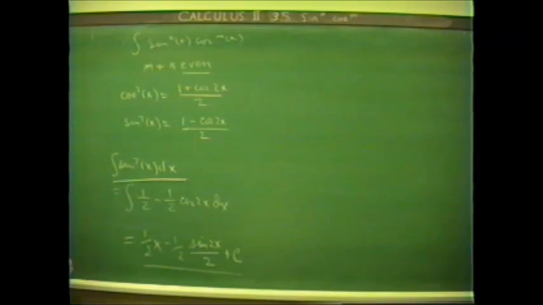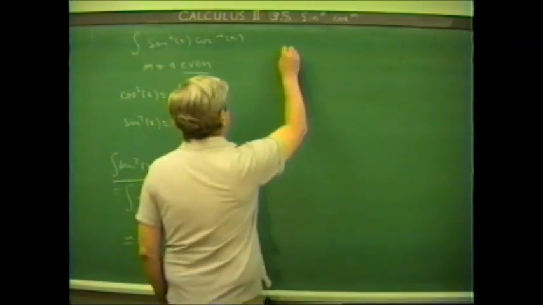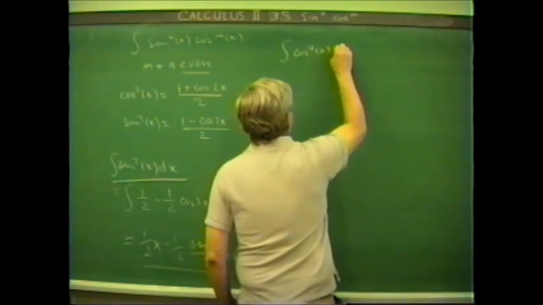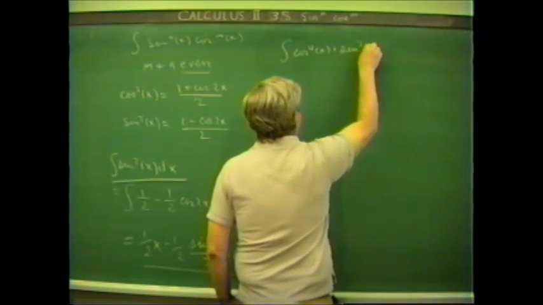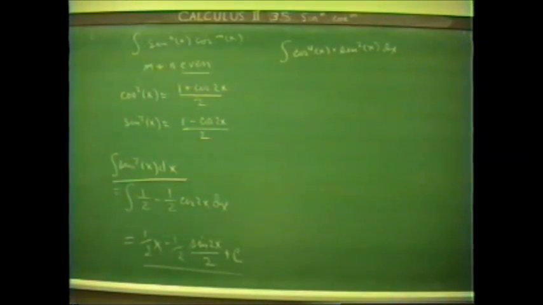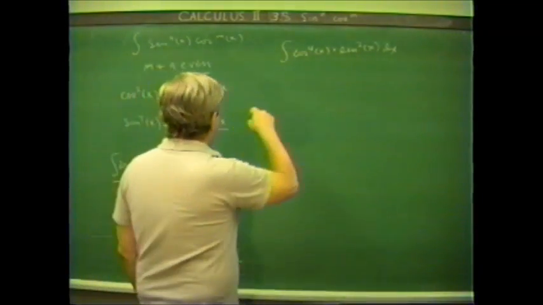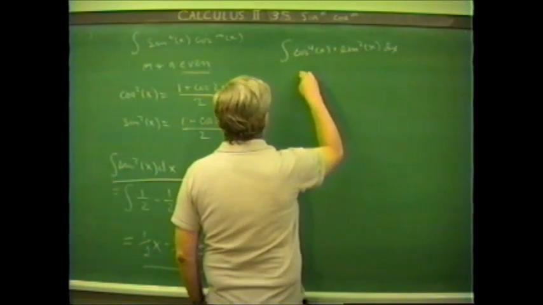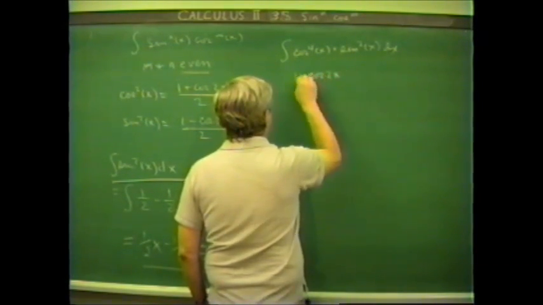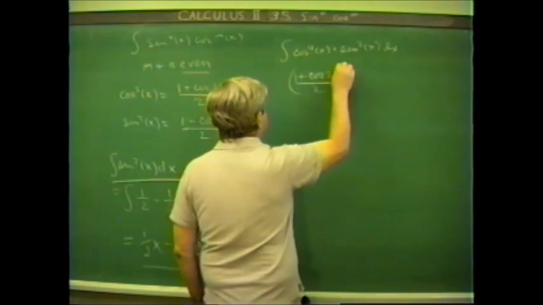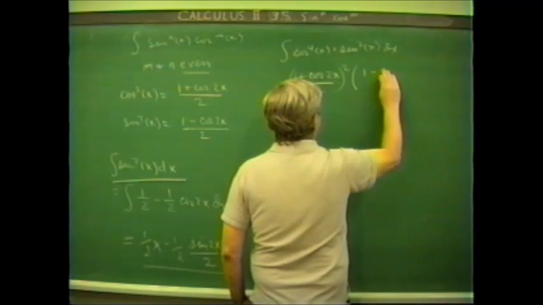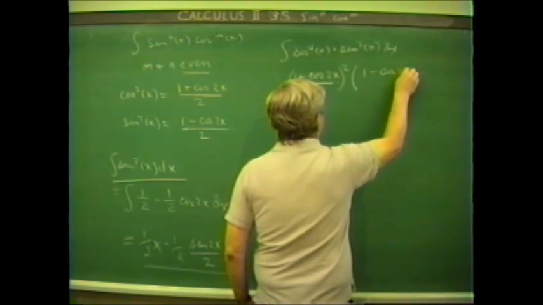Let's see what happens when we've got something more complicated. Let's look at the antiderivative of cosine to the fourth of x times sine squared of x dx. Well, we want to write cosine squared as (1 plus cosine 2x) over 2, so we have this squared, times sine squared, which is (1 minus cosine 2x) over 2.